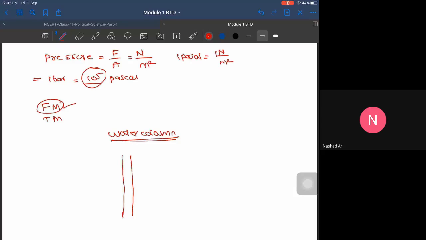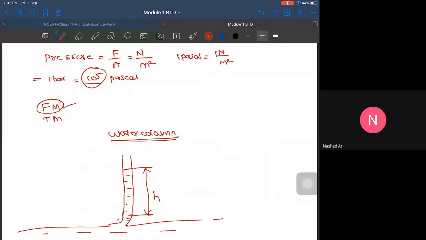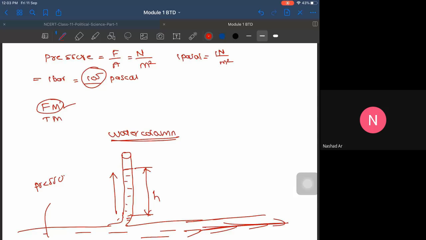If there is a water column like this, and this is its height, and this water column is connected to a pipe like this, which is flowing in this direction. Now, the water column is connected to this particular pipe, and it rises through a height of h like this. So only from this data, I can calculate the pressure at which the water is flowing in the pipe. How?